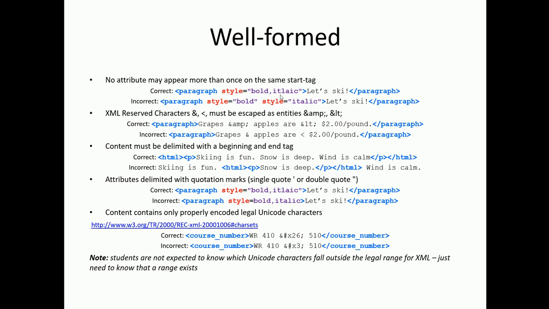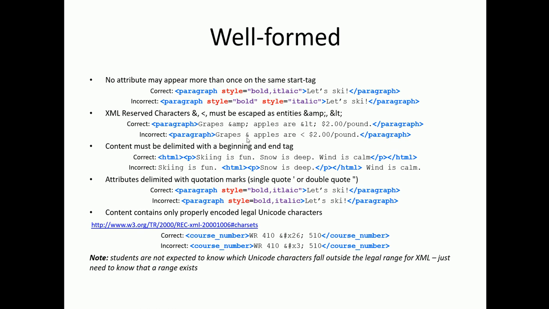No attribute may appear more than once in a start tag. Here's a well-formed paragraph with exactly one attribute called style. Here's a malformed one where the paragraph tag has two style attributes. The XML reserved characters ampersand and less than must be escaped as &amp; and &lt;.